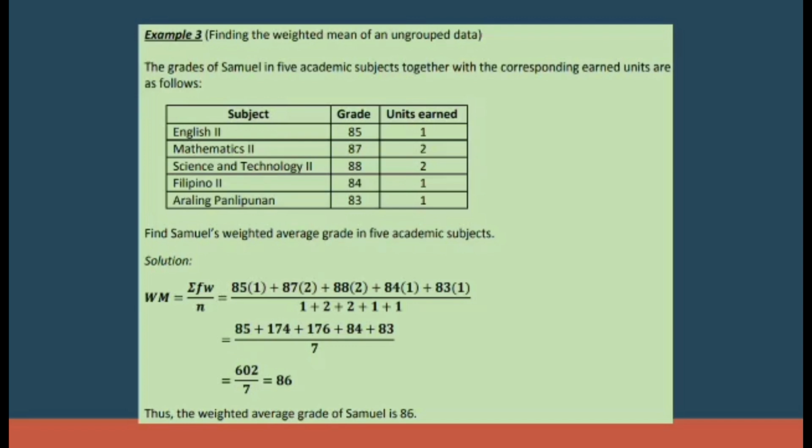So 85 plus 174 plus 176 plus 84 plus 83. The total number is 602 over 7. So 602 over 7 is equal to 86. Thus, the weighted average grade of Samuel is 86.